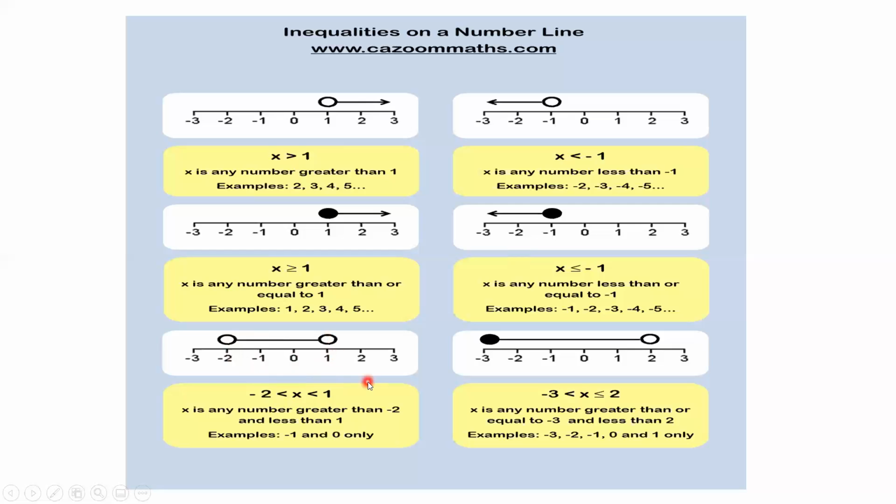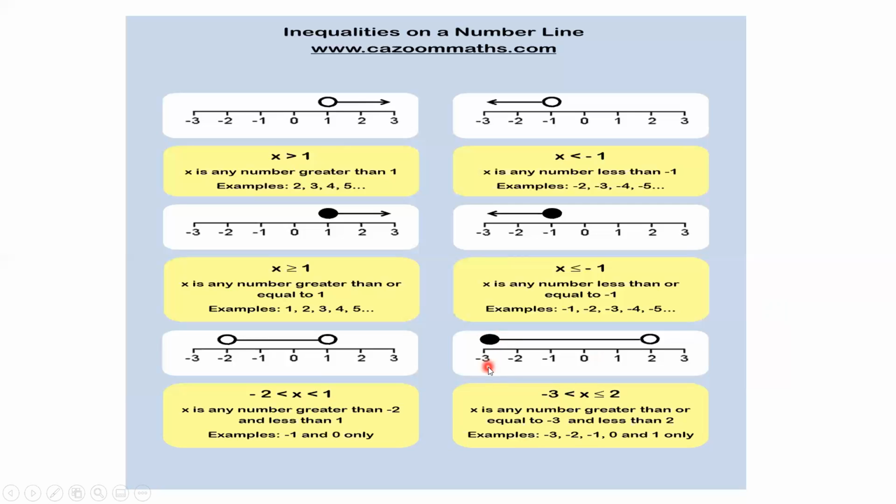-2 and 1. Right, if we look at this one here, guys, -3 is less than x, x is less than or equal to 2. So -3, so it's less than x, right? X is any number greater than or equal to -3 and less than, okay, well, there is a mistake here, because since it's a closed dot, -3 should be included.